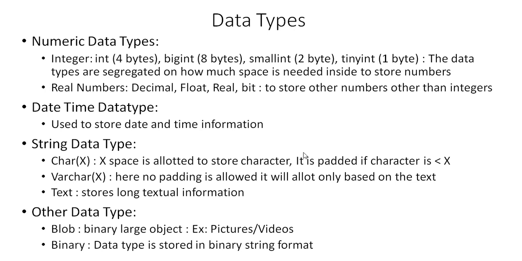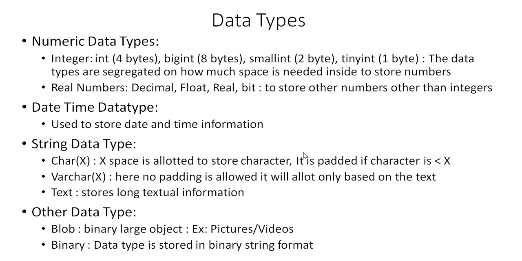So whenever you define the x value, it is allocating that much space or that much memory upfront, and whatever is not used is being padded. And in varchar(x), there is no padding allowed. So that is the difference between char and varchar.